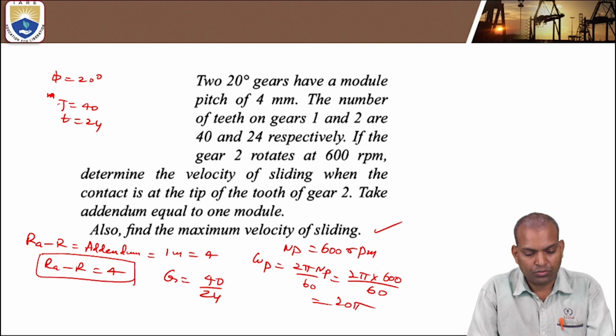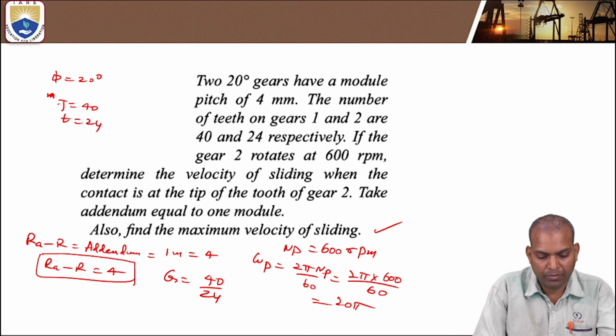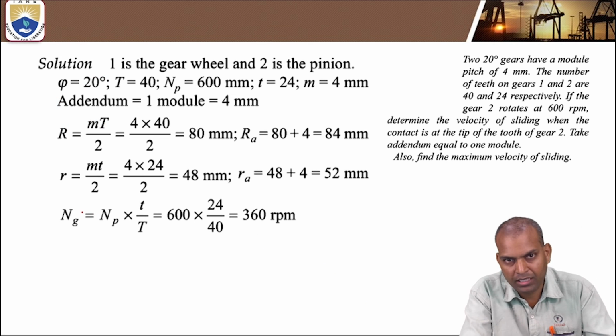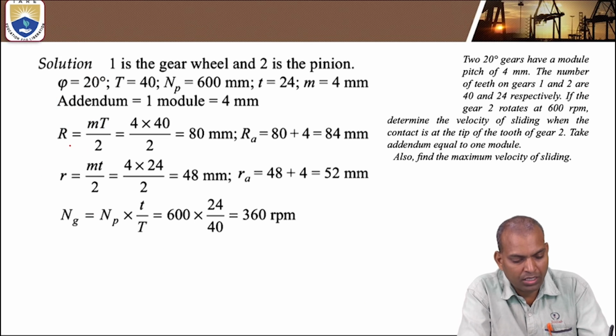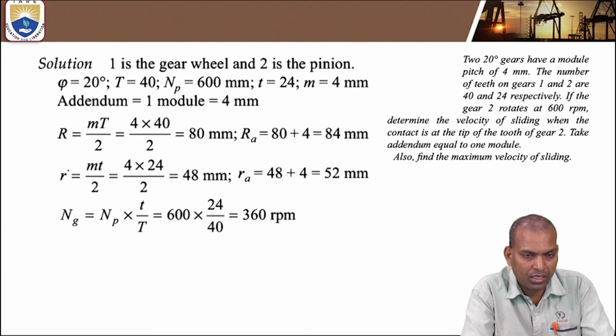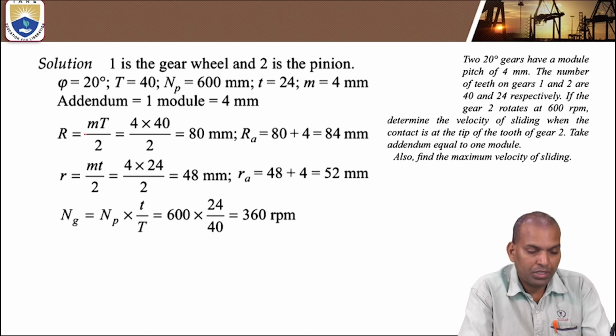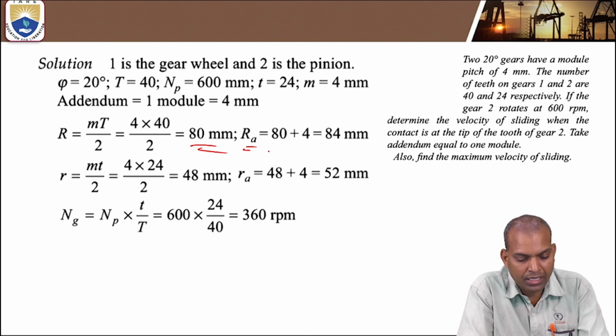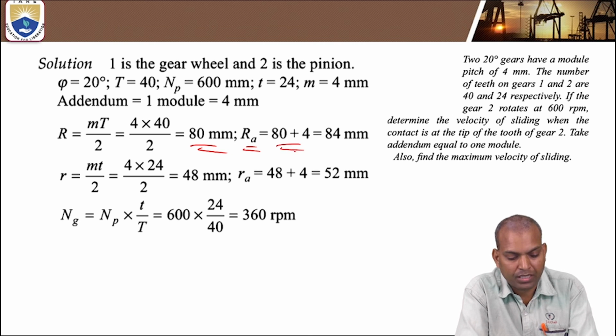So how do we solve this problem? Yes, we have to start. Let us begin. Find the capital R and small r, and Ra. Then capital R equal to m into capital T by 2. We know m, that is module 4, into 40 by 2. Similarly, Ra equal to r plus m. Ra minus r equal to the addendum.